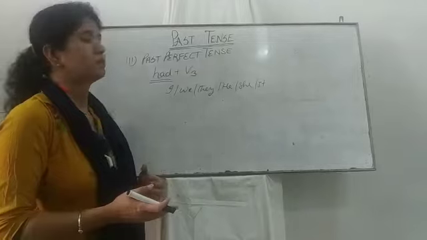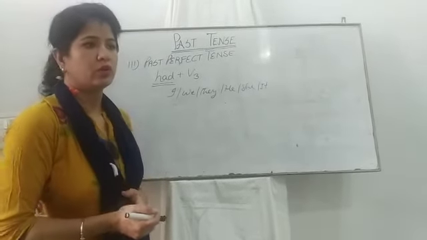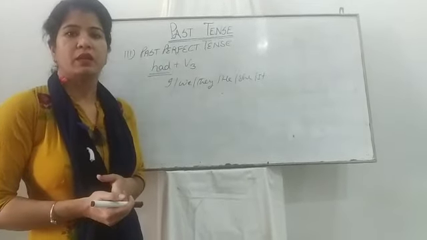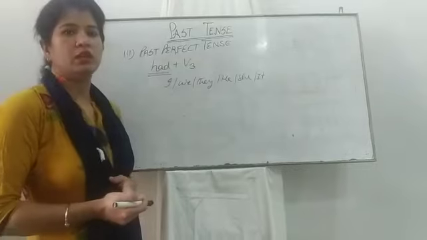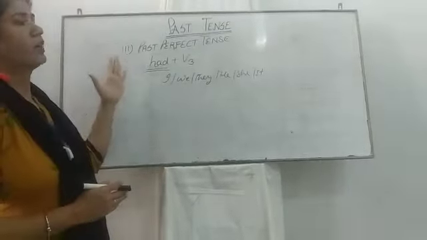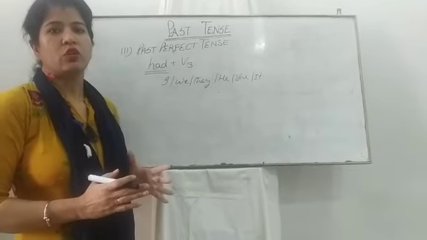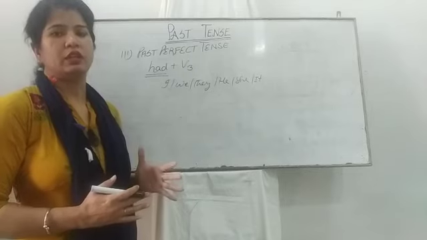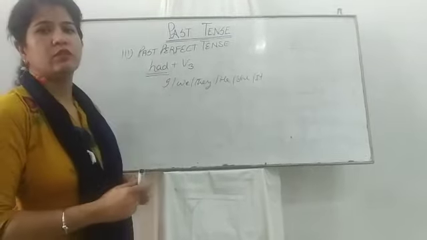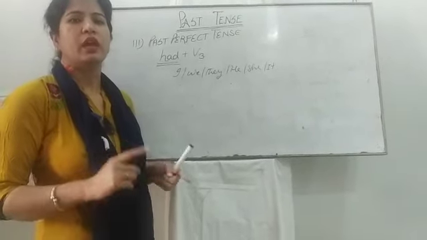For example, I had gone there yesterday, or she had talked to her last week, but this is not the right way. I will clear it to you: we use past perfect tense when one activity gets over before another activity.